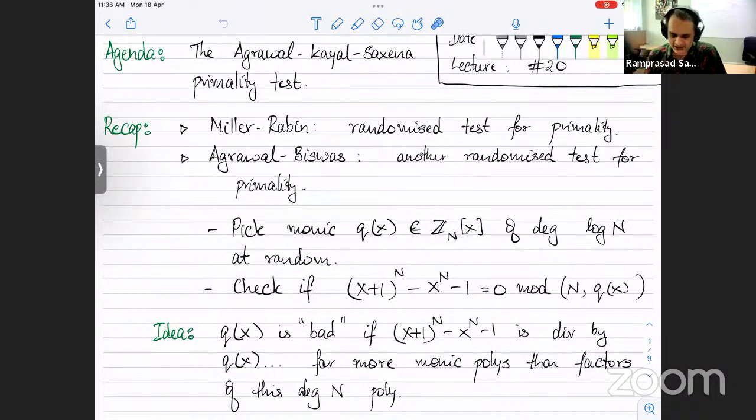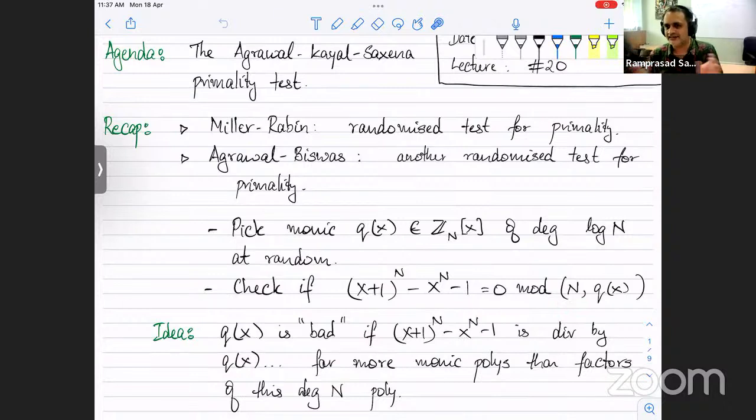But intuitively speaking, the number of factors of this polynomial is perhaps far smaller than the number of monic polynomials you have of this degree. Intuitively, if I pick a q at random, it's very unlikely that that q happens to be a factor of this thing. So this is a rough intuition. It needs to be formalized. It's not quite as simple because unfortunately this n happens to be a composite number.